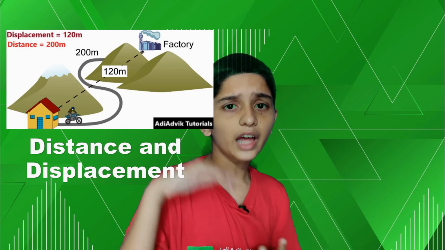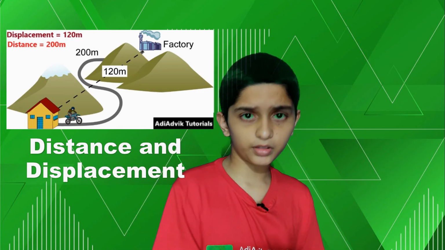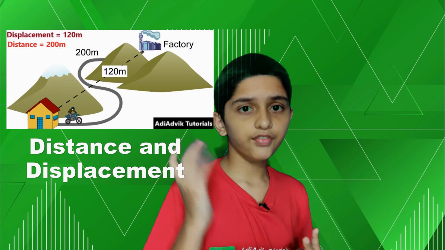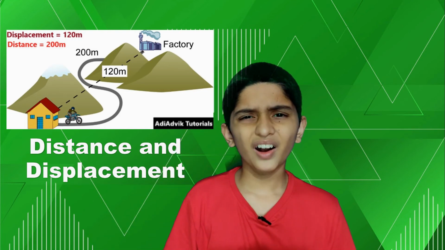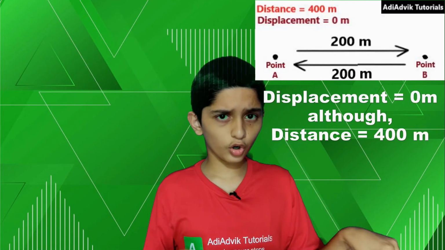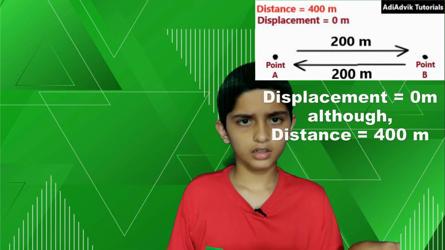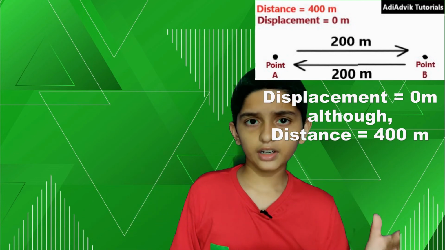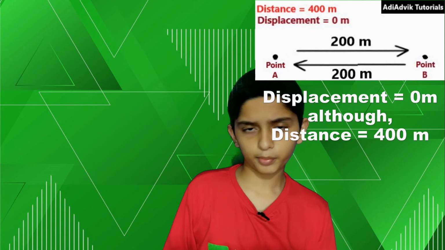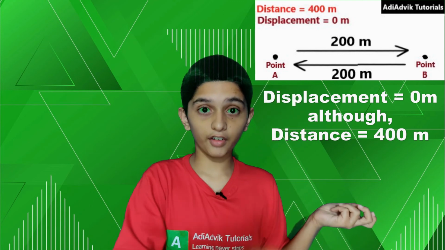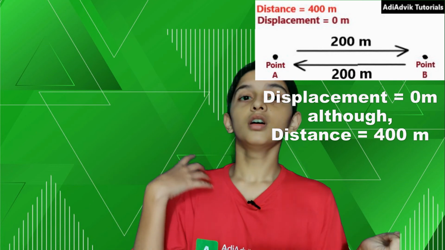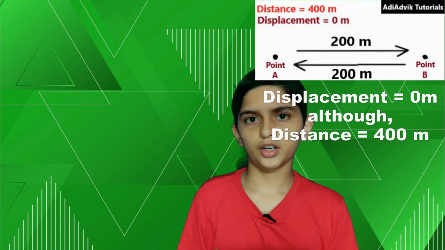Do you know that displacement can be zero even if the distance is not zero? How? Let me explain. Let's take an example. There are 2 points A and B. A train goes to B and comes back to A. It is in the same position, but it covered a distance more than the displacement.